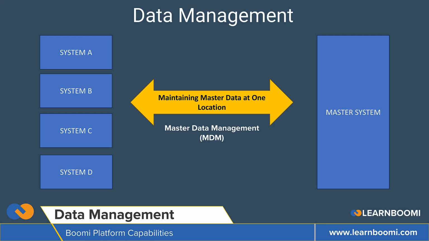So in simple terms, Boomi helps ensure that every system in the organization always has clean, consistent, and correct master data. The concept shown in this slide is that MDM centralizes and governs the most important business data, while integration tools like Boomi play a key role in synchronizing that master data across the entire landscape.